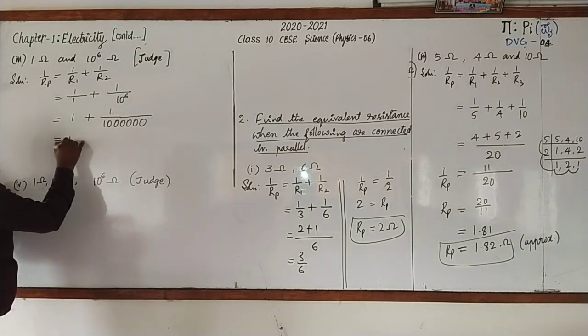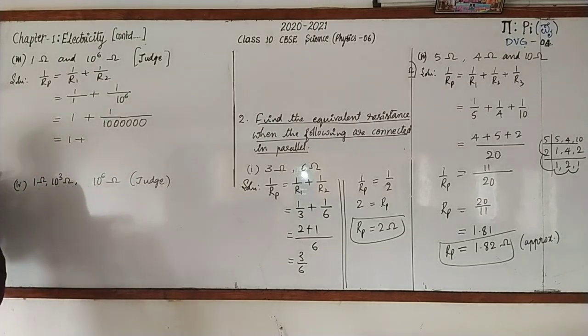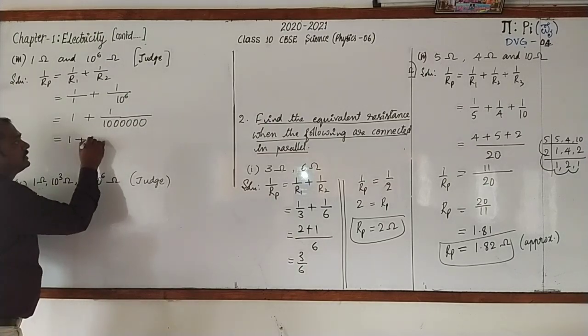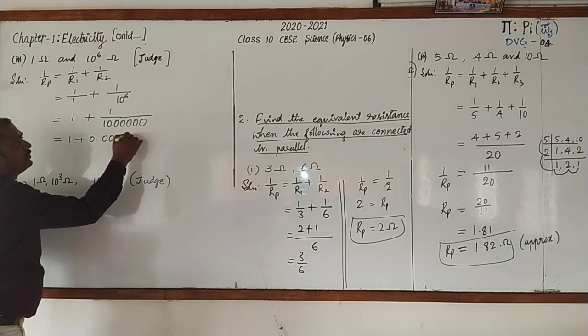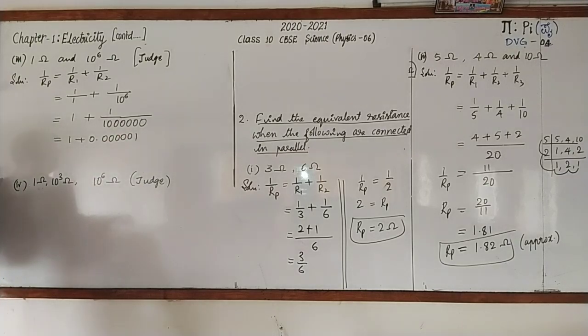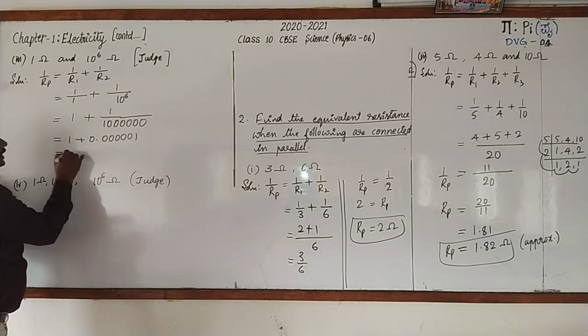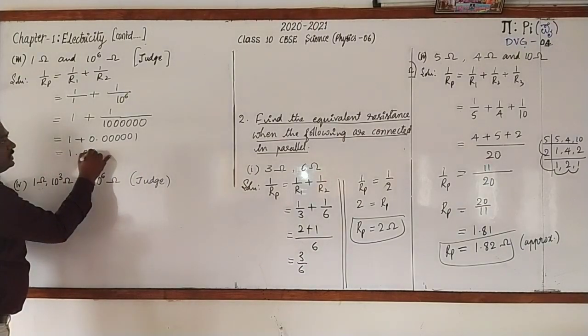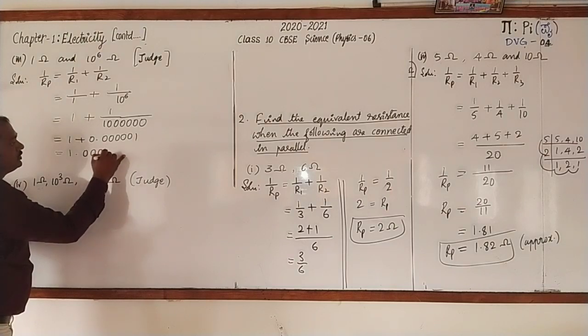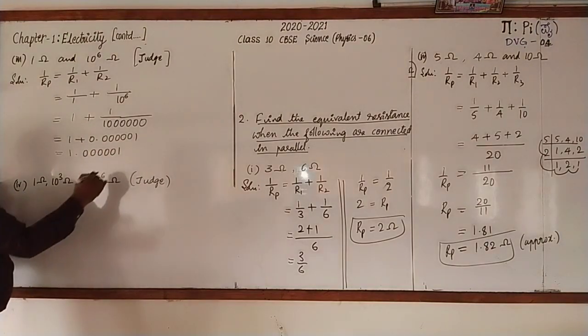It is equal to 1 plus, you can express that in decimal form: 0.000001. Clear? Now add. It will be 1.000001 ohm.